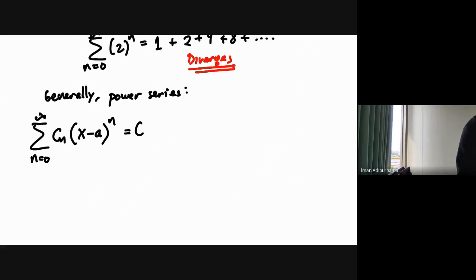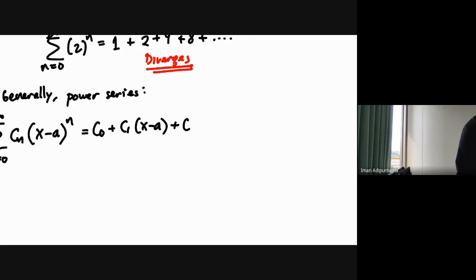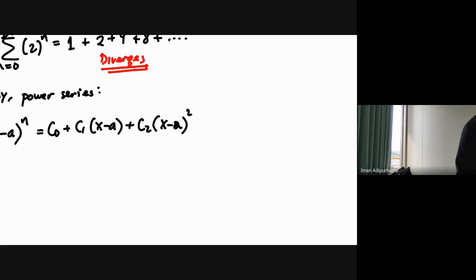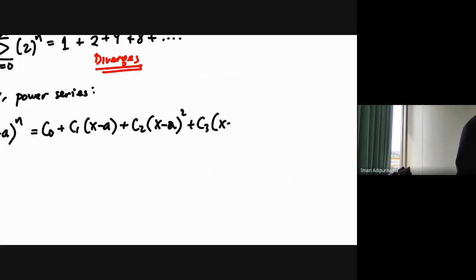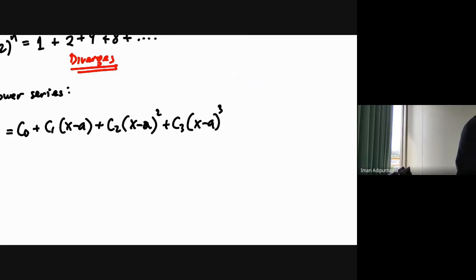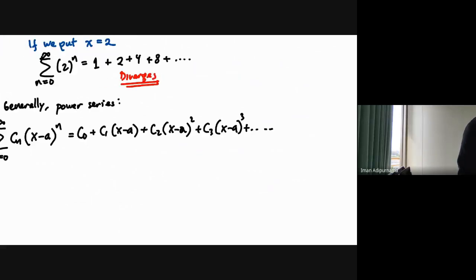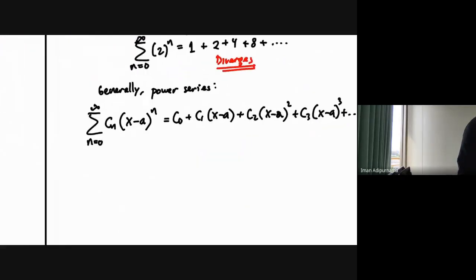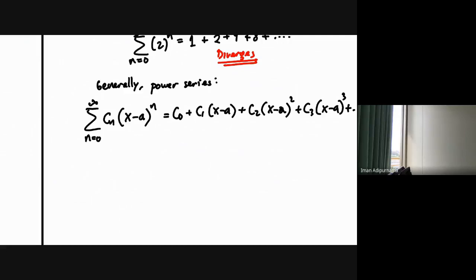And then it starts from C0 plus C1 times x minus a plus C2 times x minus a squared plus C3 times x minus a cubed plus, okay. And this is the more general form.